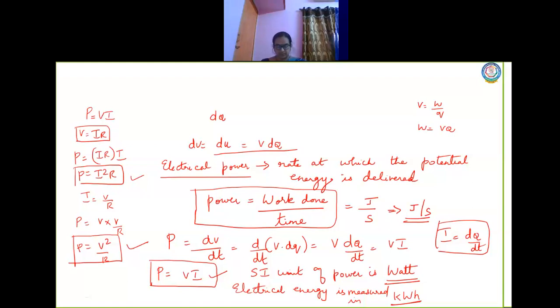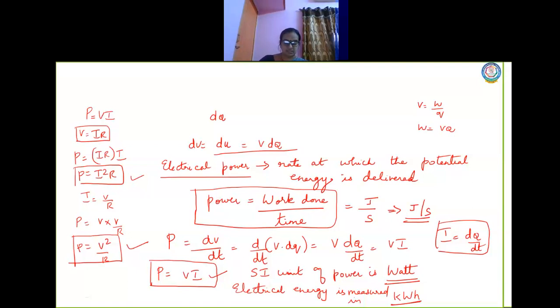Now the second question: which bulb has greater resistance? Where is the current flow lesser? The current flow is lesser in the 30 watt bulb. So which bulb has greater resistance? Naturally the 30 watt bulb has greater resistance, right?